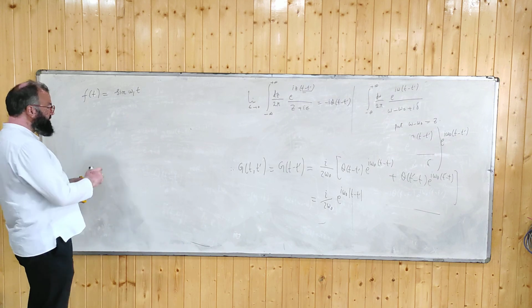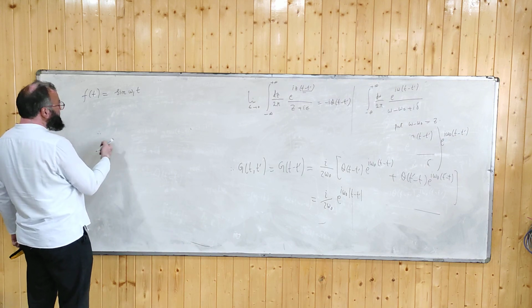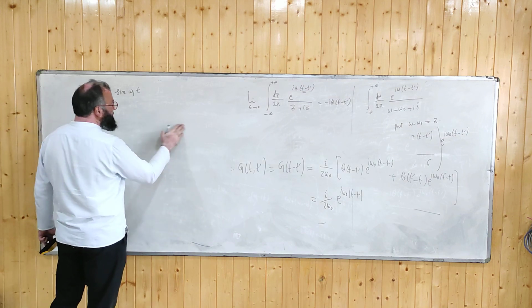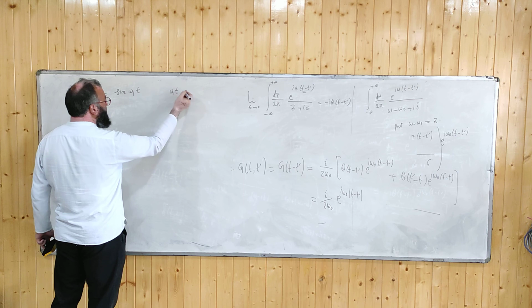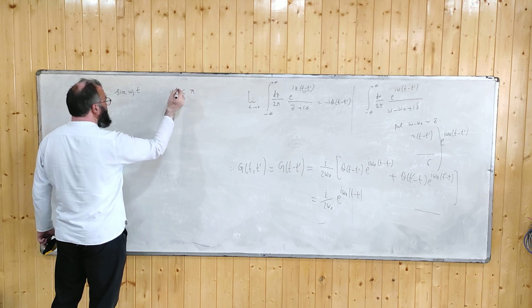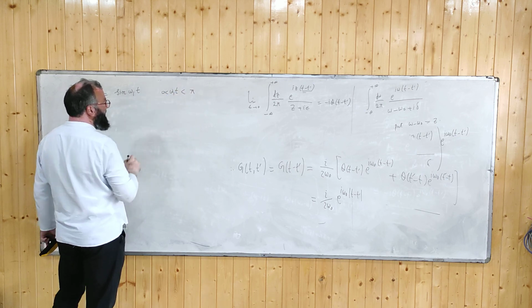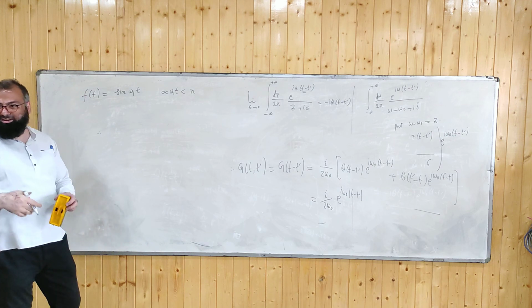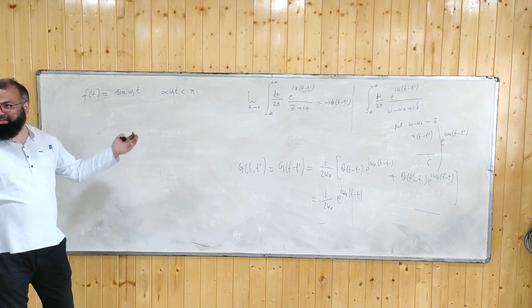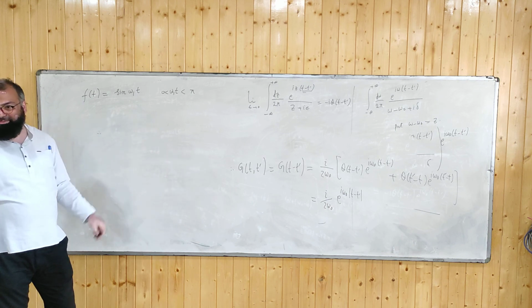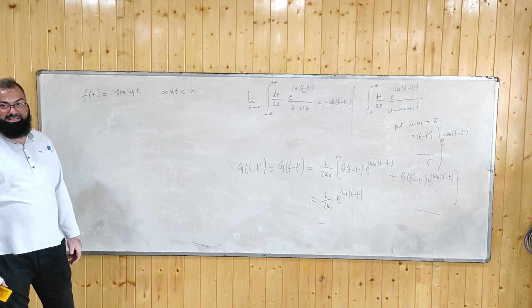Let's say you drive only from omega 1 t equal to 0 up to pi. You are putting a signal only from 0 to pi, so that means t is from 0 to pi by omega 1. Clear?